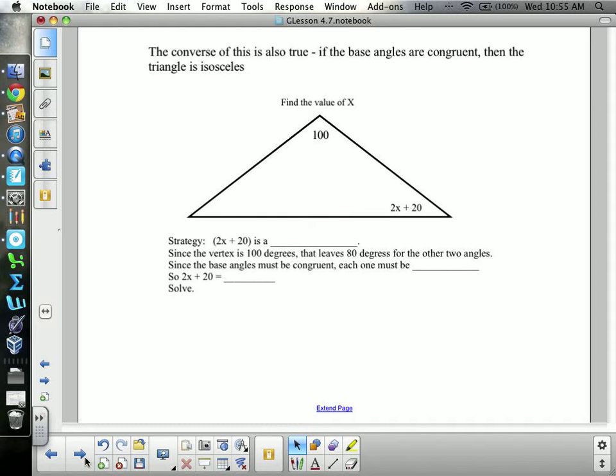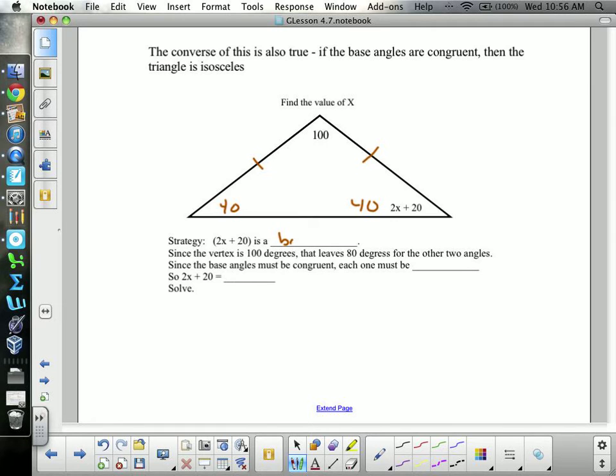Another strategy here is working with the triangle sum. If I have an isosceles triangle, and I use up 100 degrees with my vertex angle, how many degrees are left for my two base angles? 80. There's 80 left, and because these two legs are the same, I have to divide it evenly into 40 and 40, don't I?